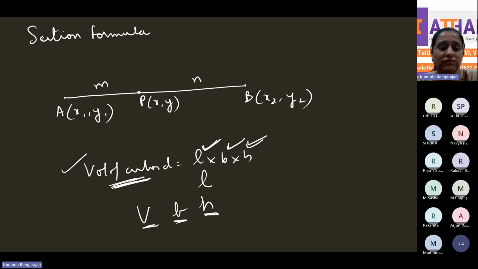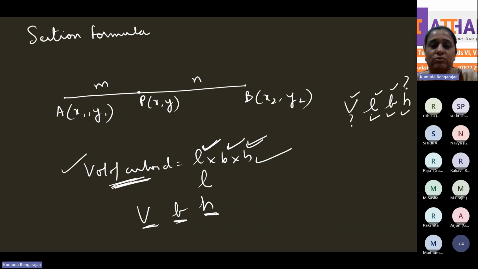So basically, in the formula, we have 4 unknowns: volume, length, breadth, height. Given any 3, you can find the 4th one using the formula. If you're given volume, length, and breadth, you can find the height. If you're given length, breadth, and height, you can find the volume.